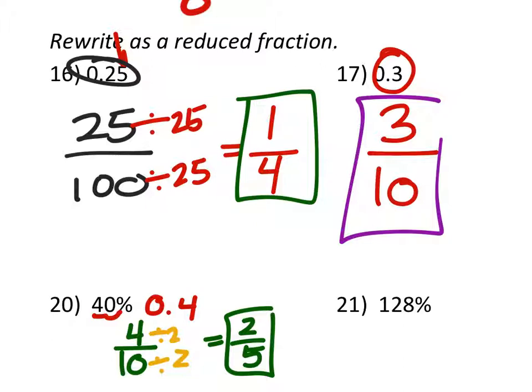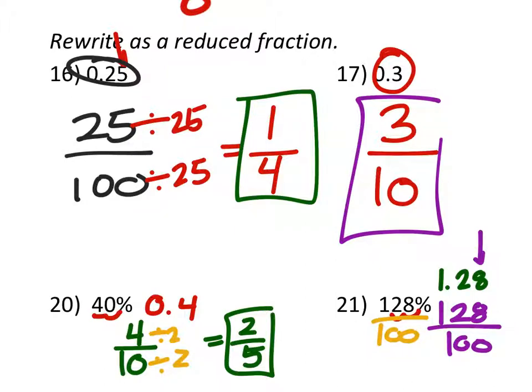128 is the same idea. Percent. We need to change this to a decimal. So that would leave us with 1.28. So the 8 here is in the hundredths position, so we're going to make that 128 hundredths. Now, you guys are noticing, hopefully you notice this on 20 as well, we can change a percent directly into a fraction by just putting it over 100, because it's out of every 100, okay?